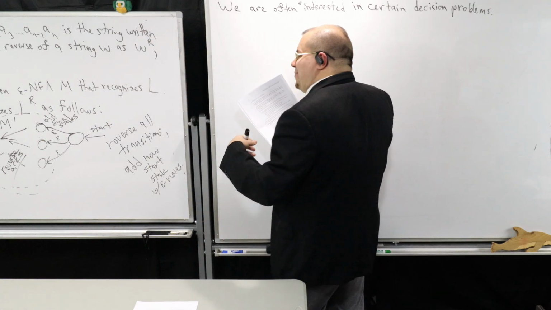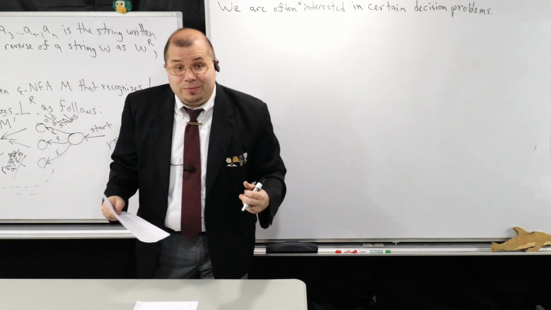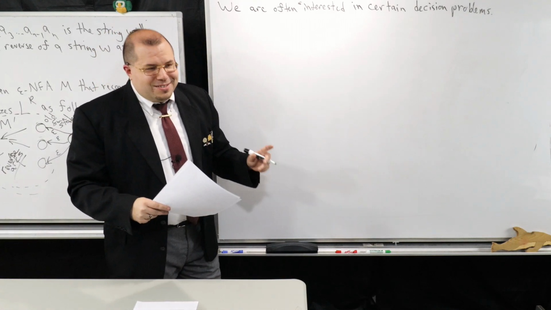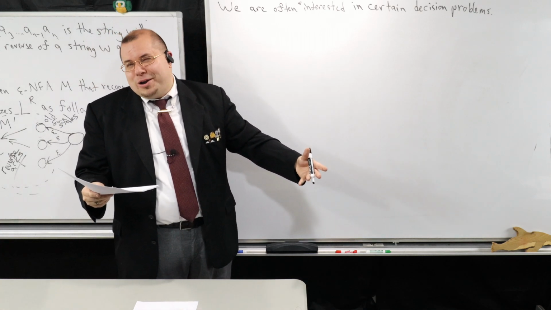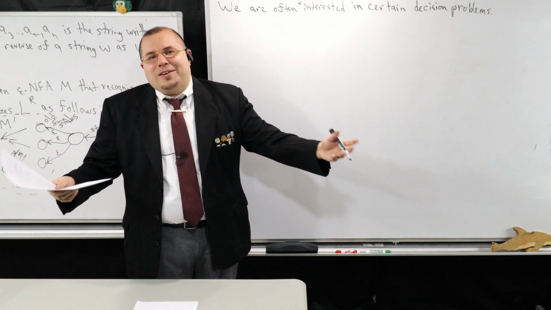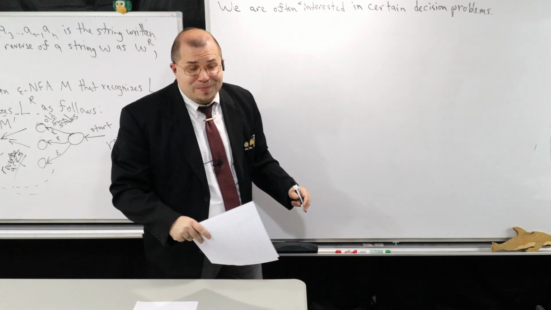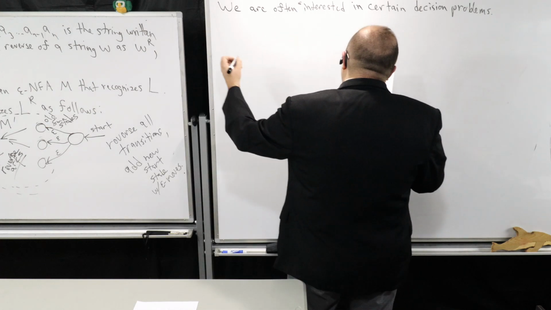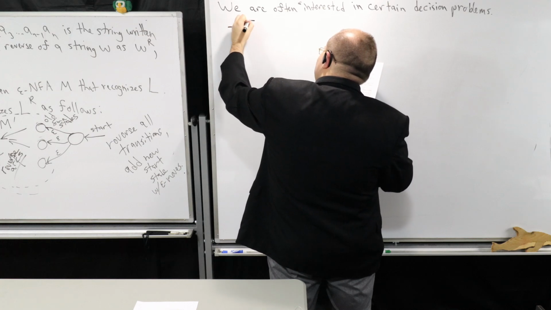Sometimes if you ask me whether you can do this with this language, it may not be an easy question for me to answer off the fly. Like I said at the beginning of this course, it's kind of like a programming class in some weird way: you can ask me if I can do a thing, but it would require some time to prep and check it for you. But the first one I want to do is talk about testing emptiness.